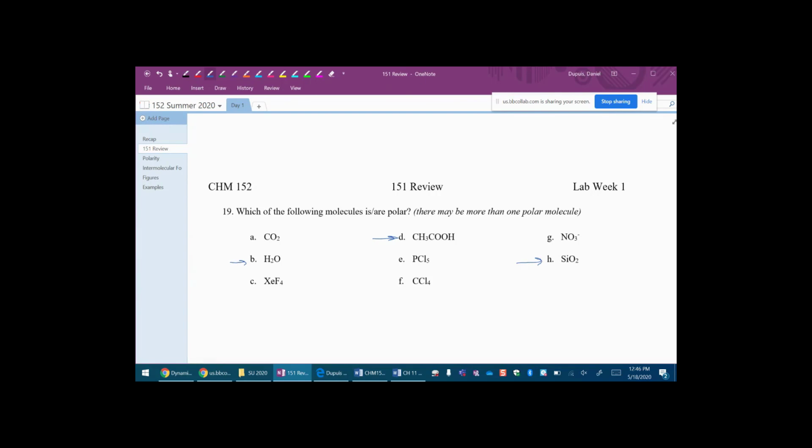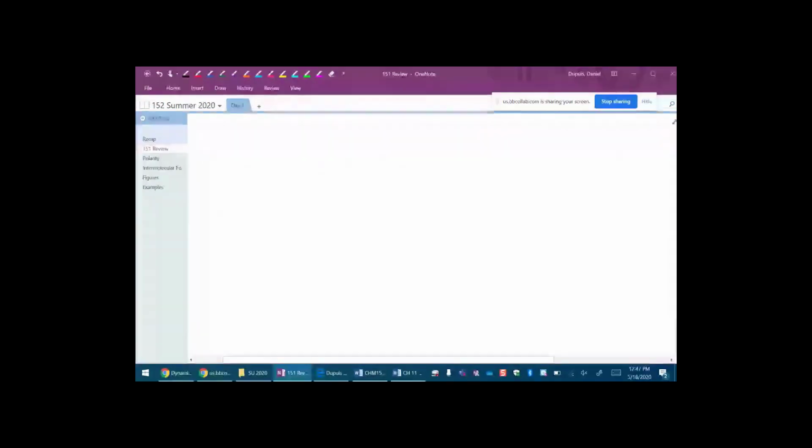Is it polar? No, it's not. The way we're going to draw it is going to be linear. It's not going to be polar. All right, so there's those two. We're going to review polarity tomorrow.